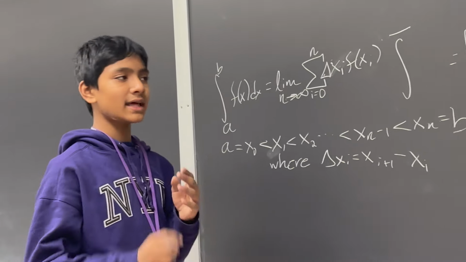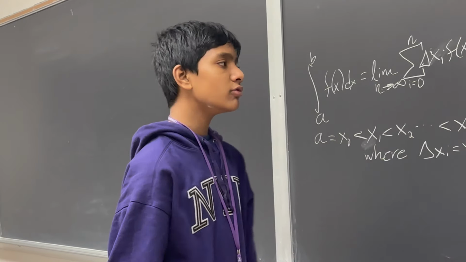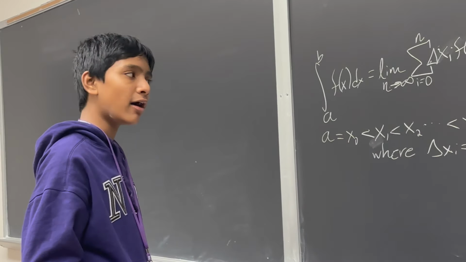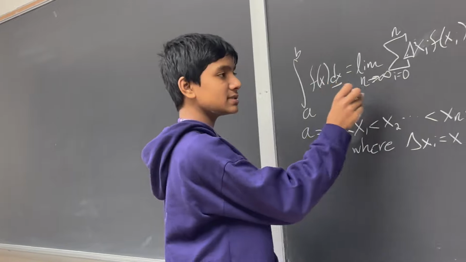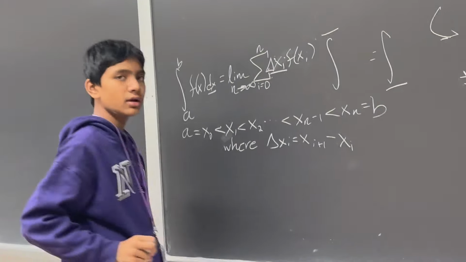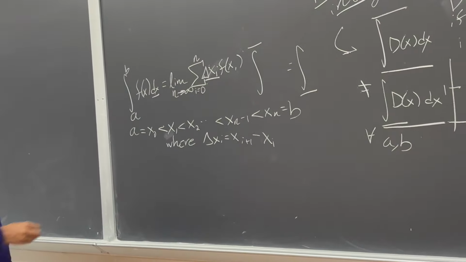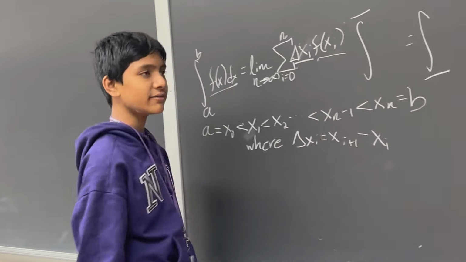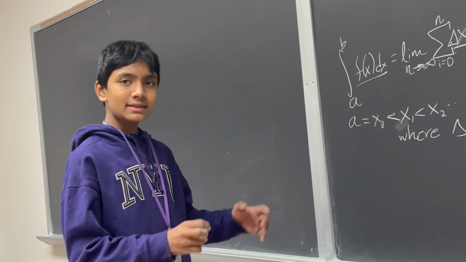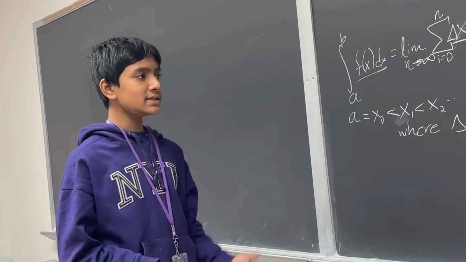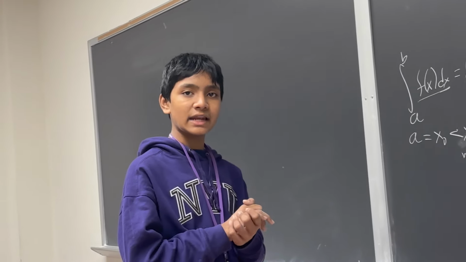So this is that famous sum of rectangles we've been hearing so much about. And this dx is essentially the shrinking down of this delta xi, the same way this f of x is the same as this f of x. So this is what a Riemann integral is, and this is what an integral is at heart.